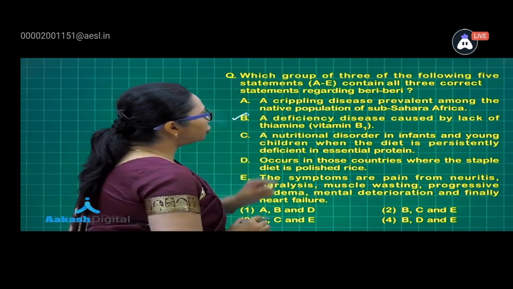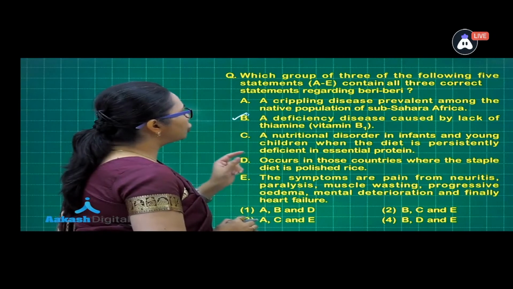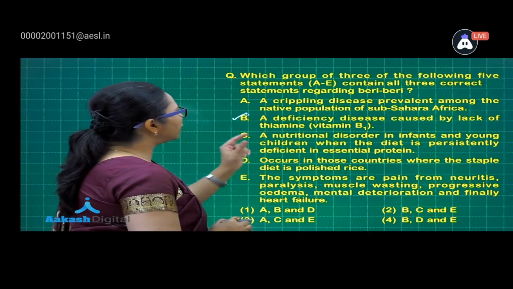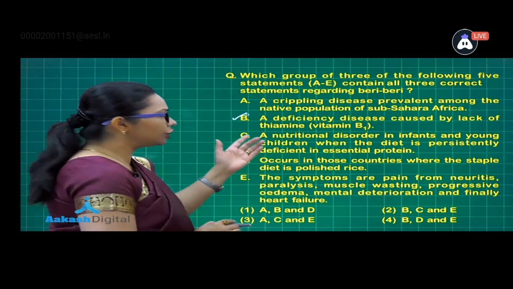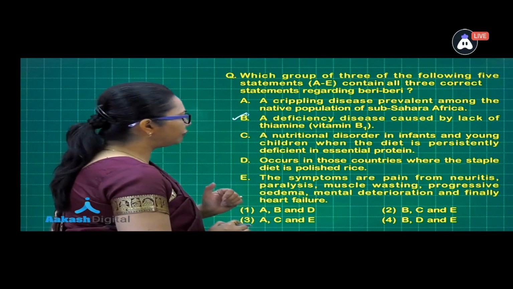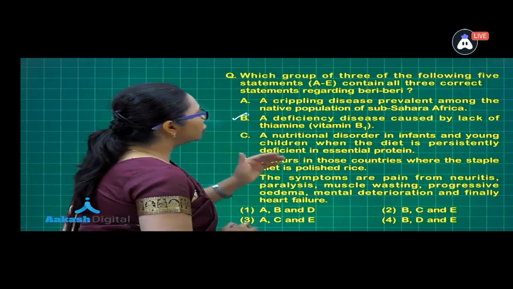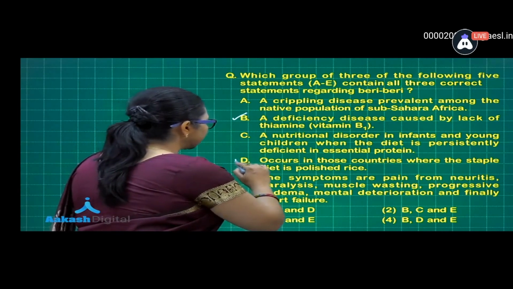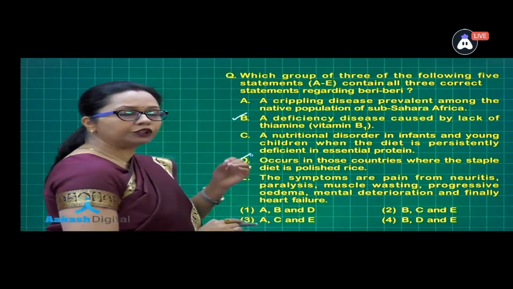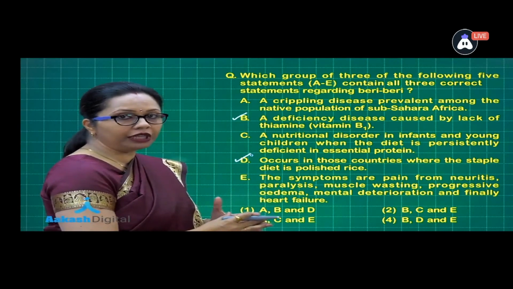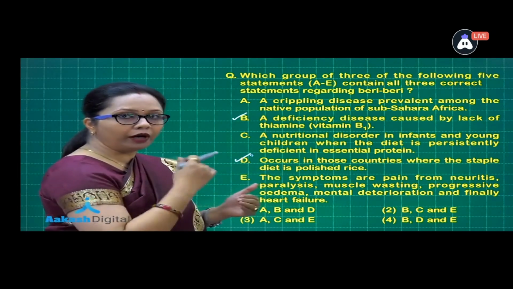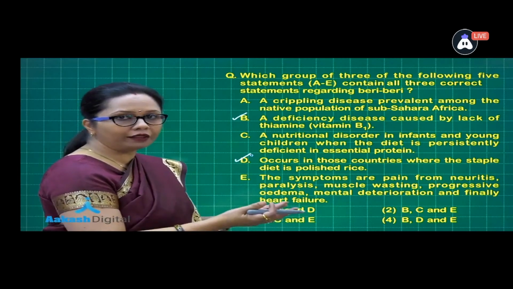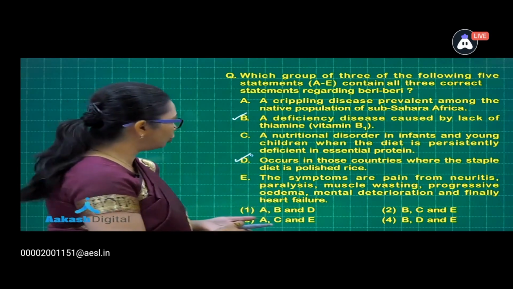C, a nutritional disorder in infants and young children when the diet is persistently deficient in essential protein, that is kwashiorkor, not the B1 deficiency. D, occurs in those countries where the staple diet is polished rice. That's correct, because when the rice is polished, that is the white rice that we eat, the entire upper layer is lost, and along with that layer B1 is also lost.